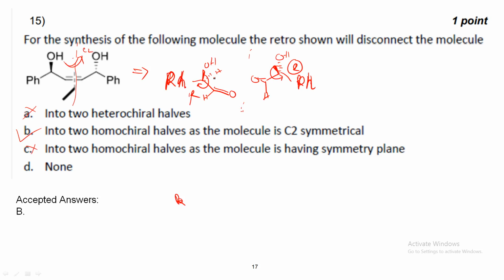When you have a C2 symmetric molecule, it is a fact that on whichever side you want to desymmetrize, anywhere you do it would generate a homochiral molecule.